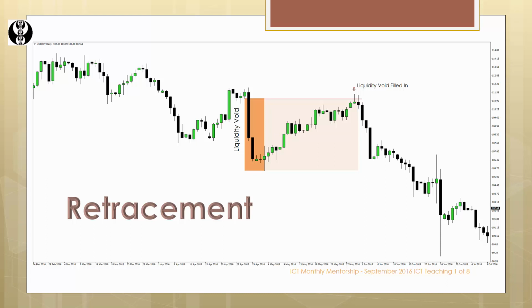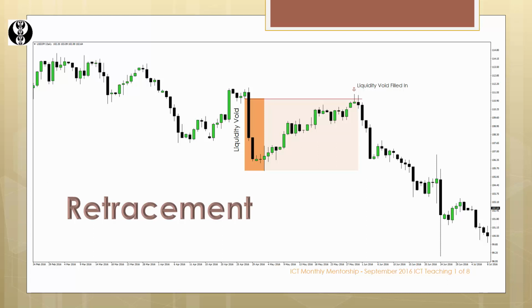It moved too quickly, it skipped, or it created gaps. Well, what we'll do is we'll wait as a trader. We won't chase price. We'll wait and say, okay, well, there's going to be either an indication to get long and try to fill in that range, or we can wait for it to come all the way back up to it and fill in the liquidity void. Once it hits it, then it'll probably resume going lower.